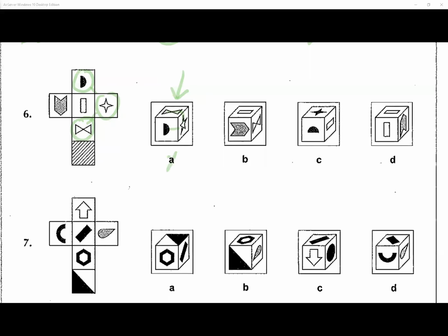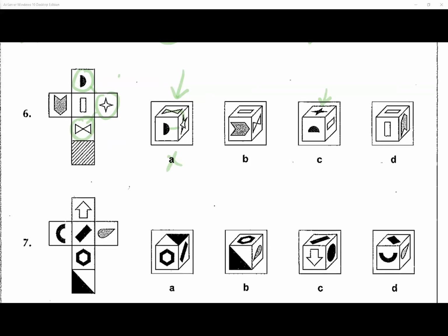So A is absolutely wrong. Then if you look, for example, at C next, we have the semicircle and now the star shape has been colored in black. We know the star shape is actually white from the diagram over here, so that's wrong.